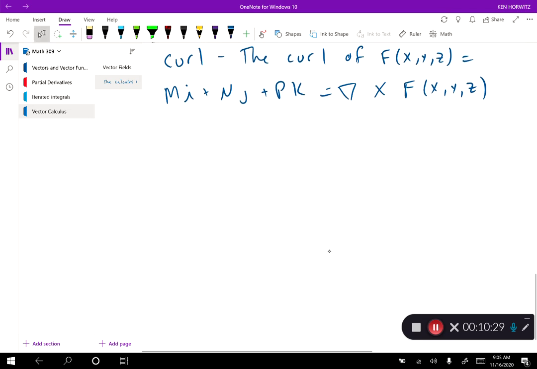With a vector field in space, remember this is a cross product. If you need further reinforcement with the cross product, go back to the video dealing with cross product.